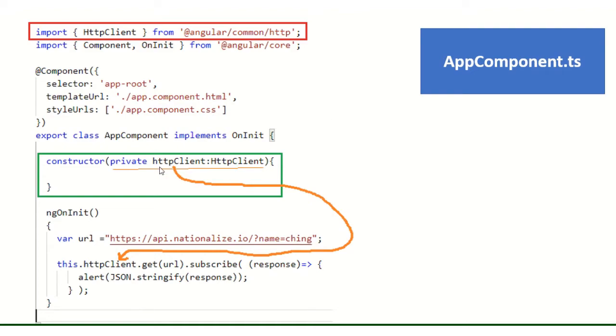This is a variable, this is the class, and this is a private object. This is the injection, called dependency injection. We are using dependency injection through the constructor, injecting the HttpClient service.